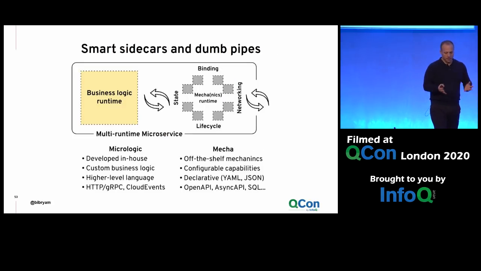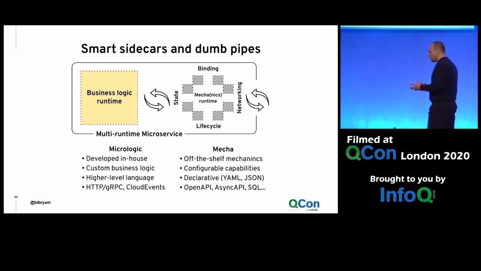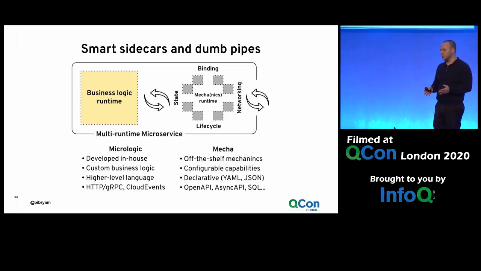If I look a little bit deeper at how that might look, you write your business logic in some kind of high-level language. It doesn't matter what it is. It doesn't have to be Java only anymore. You can use any other language. You develop your custom logic in-house. Then all the interactions of your business logic with the external world happen through a sidecar.